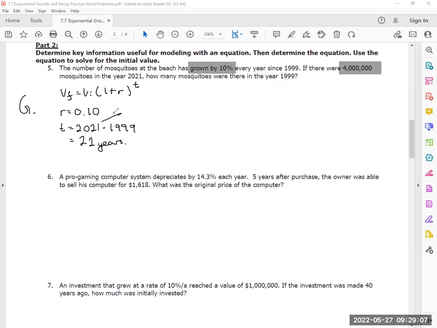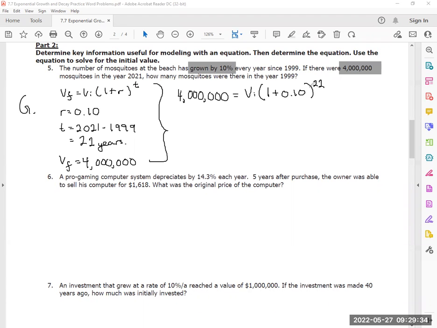Yeah, you're right. So if that's the case, that means my final value is 4 million. Which means, what is the value I don't have? This time it's VI. Take a look at how different this one is set up compared to the previous. Do you see the difference?